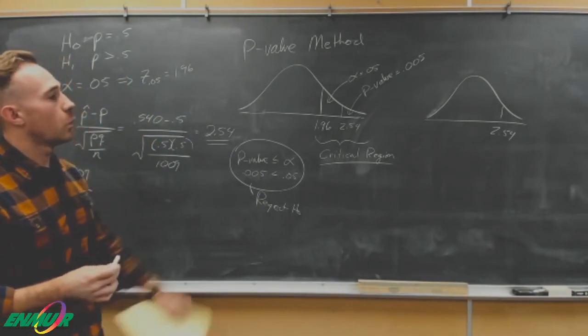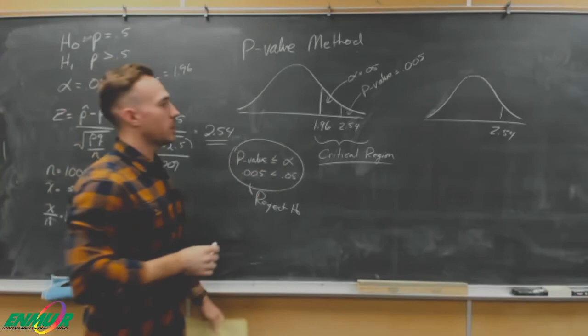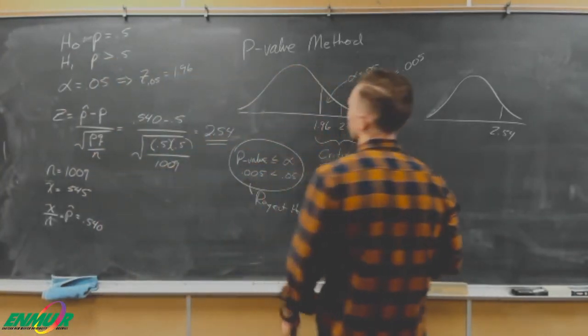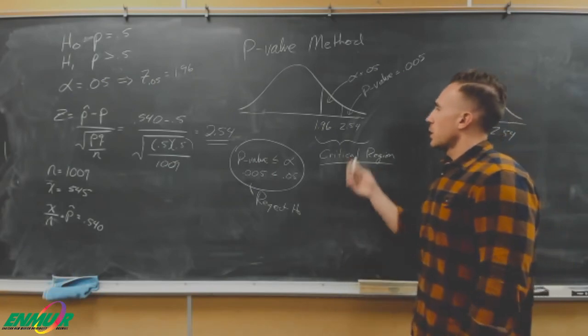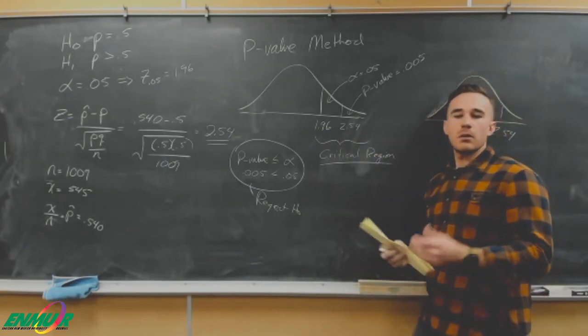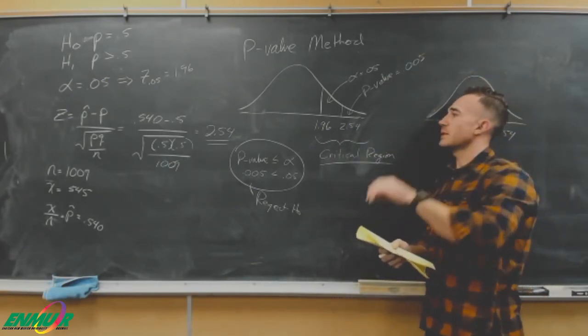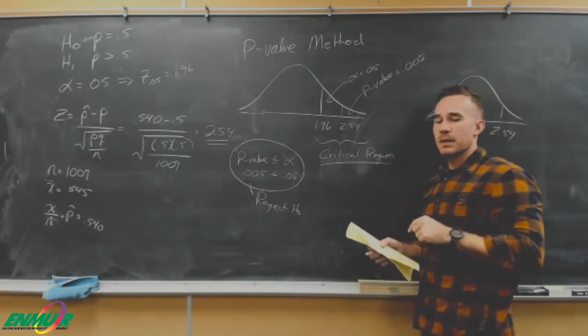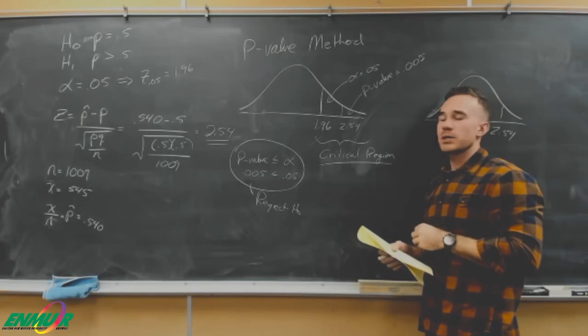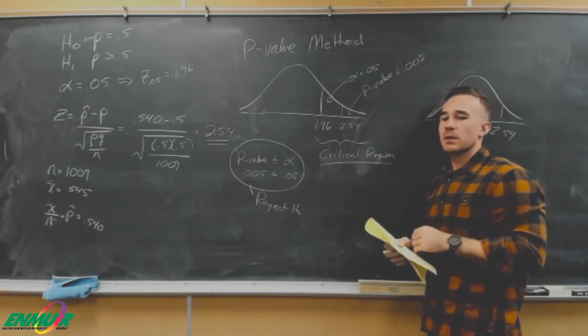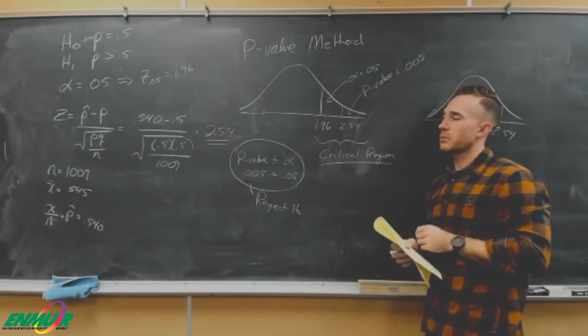Now, we already got our criticals up here, so we can go ahead and hit the critical method as well. Once we put our criticals up there, all I have to do is identify where my test statistic is in relation to the critical value associated with my confidence.